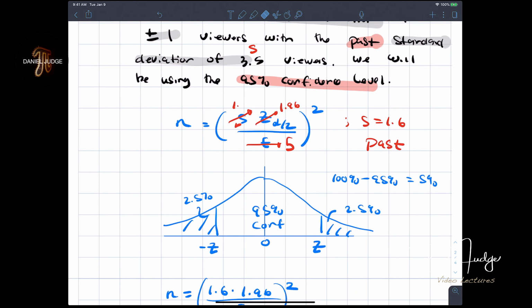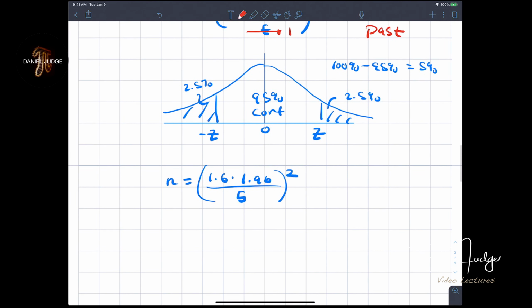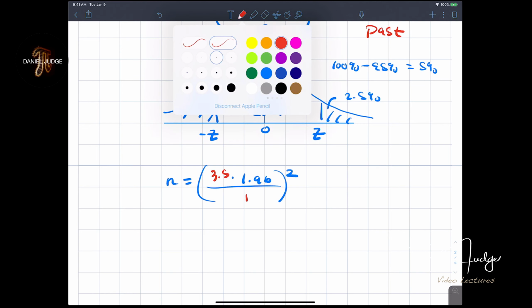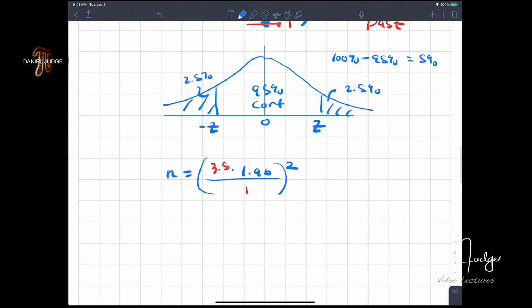All right, let's go back. 3.5, and this will be 1. All right, a lot better. So 3.5 here and 1 down here. A lot better.